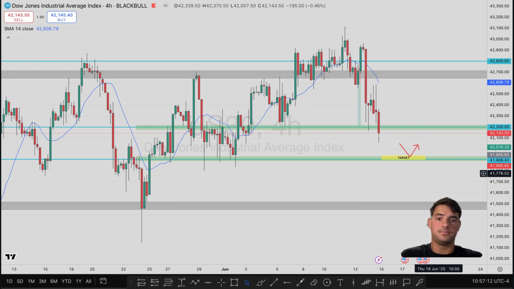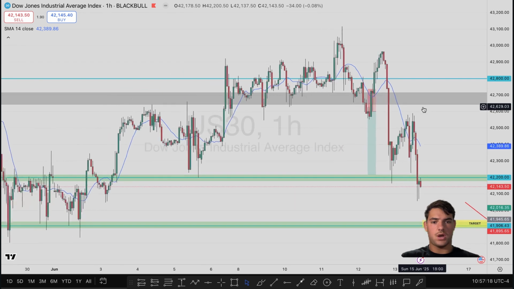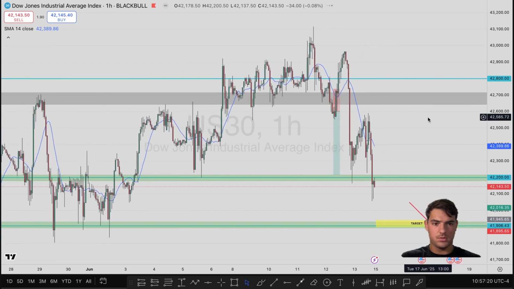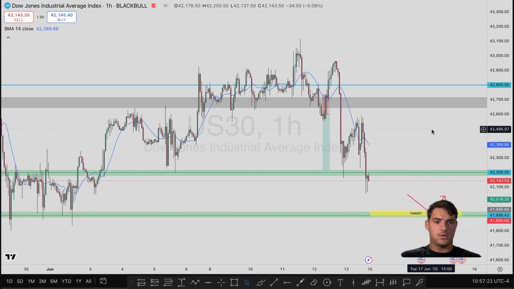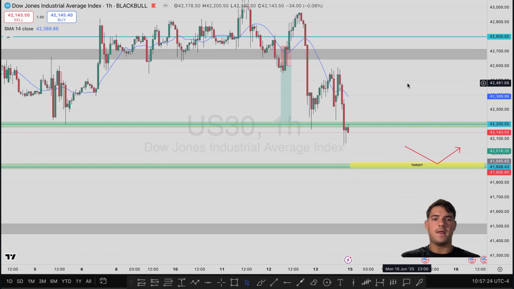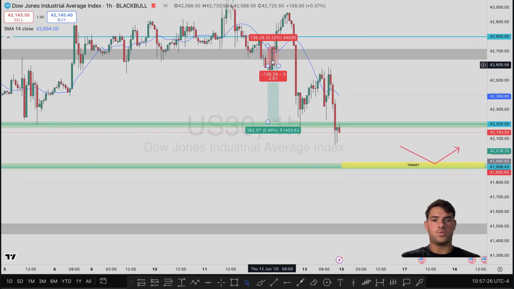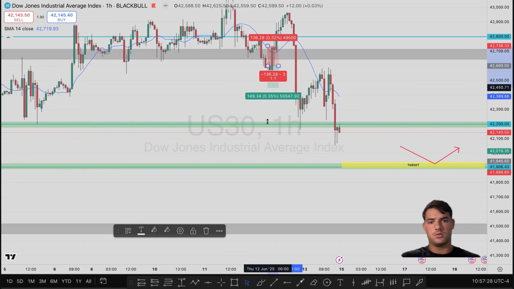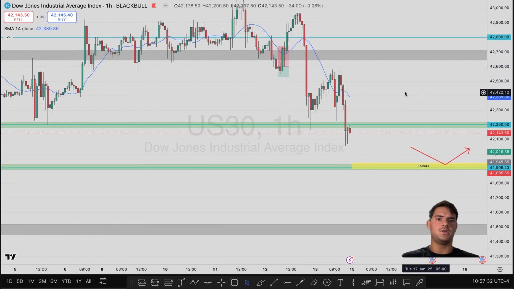Yeah, I mean, I don't see any sells, I don't see any buys. Maybe if we look on the 1-hour time frame, yeah, I would just wait. I'll wait it out for US 30. This was my loss last week. Took a big loss.